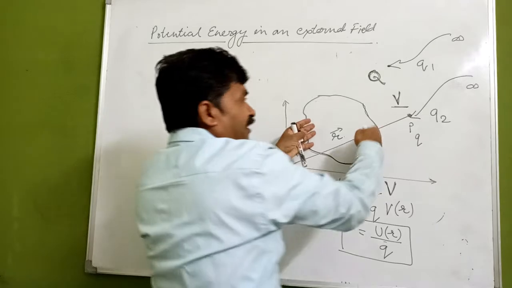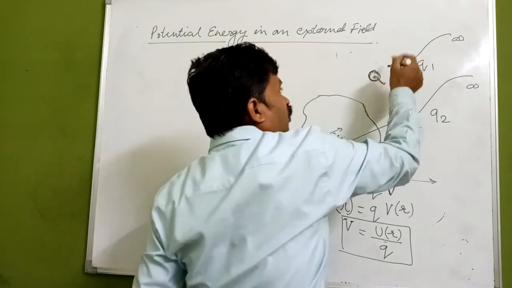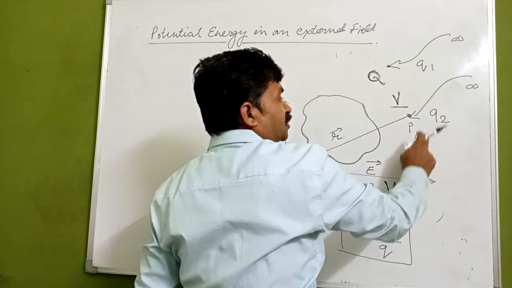This is the source of the electric field, and we are bringing these two charges, one from infinity to point Q and another charge Q2 from infinity to this point.